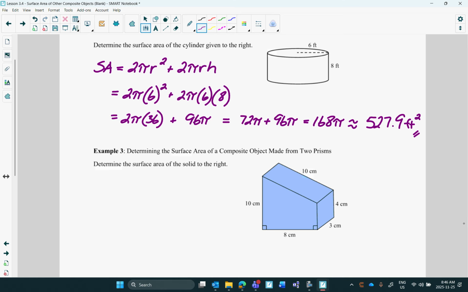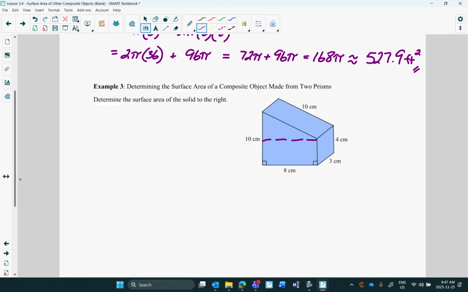This next one, this is a composite shape because it's actually made up of, if you slice it like this, a triangular prism up top and a rectangular prism on the bottom. So how can we go about finding the surface area of this?